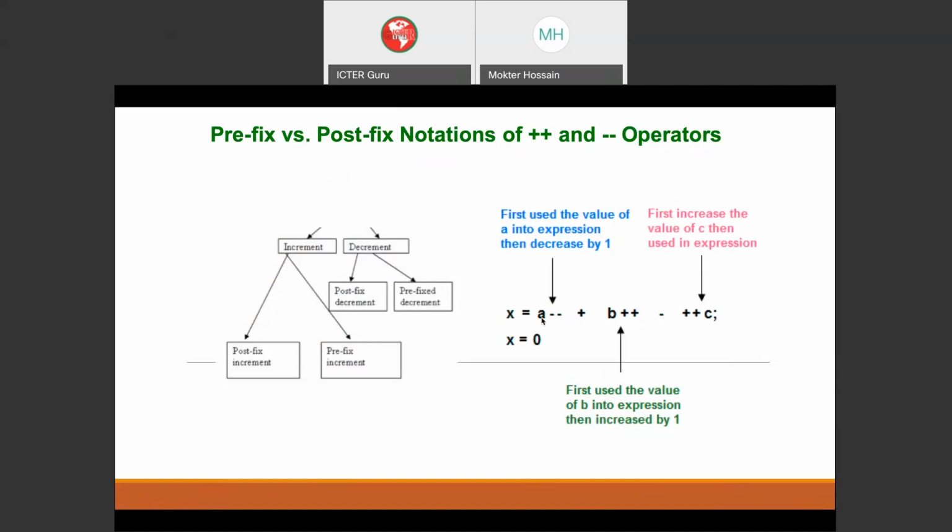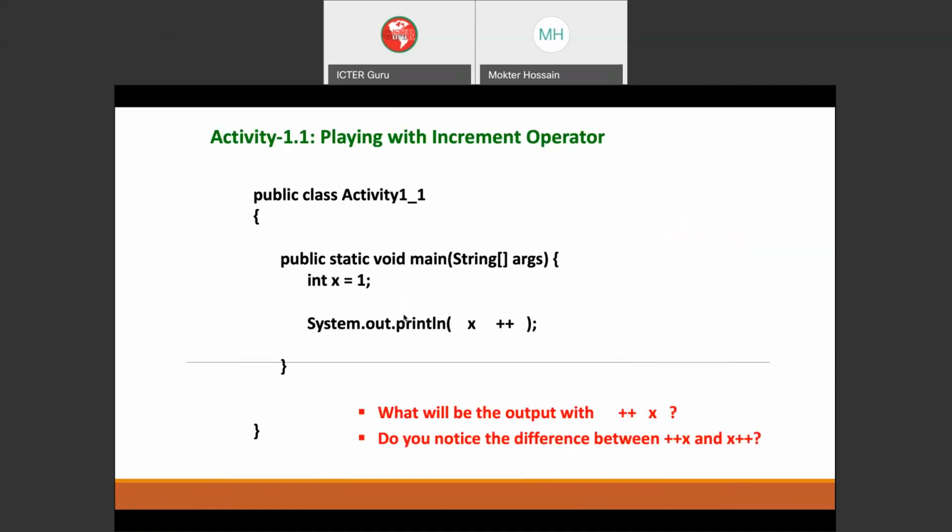This is decrement postfix notation. This is also postfix notation, and this is prefix notation. I said there is a very tiny but important difference between these notations. We will discuss this soon, when I come to the program.